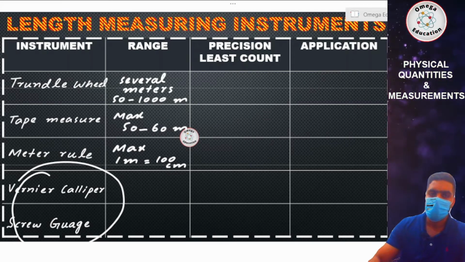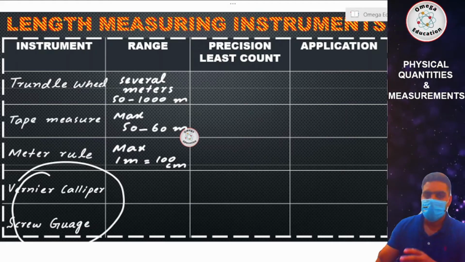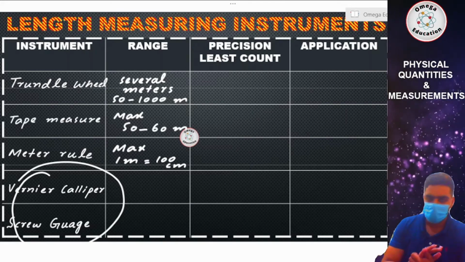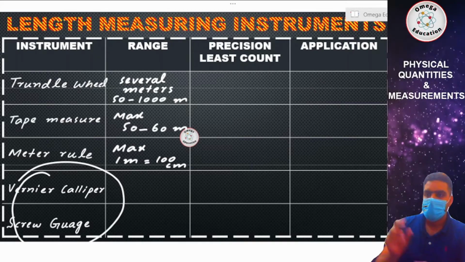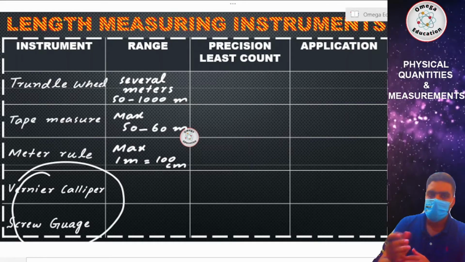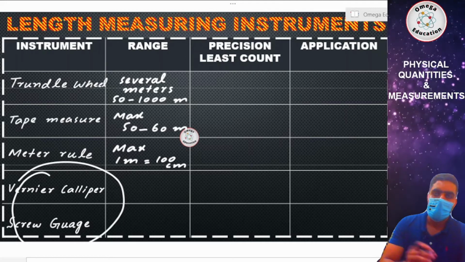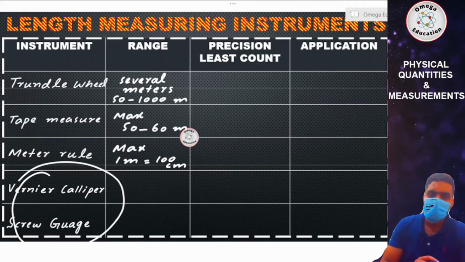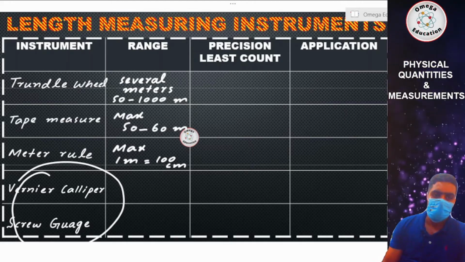So we don't really measure big objects with them. We measure small objects, for example, the thickness of a wire, or the circumference or diameter of a small sphere, or a metal ball. These kinds of objects can be measured by using calipers and the screw gauge.